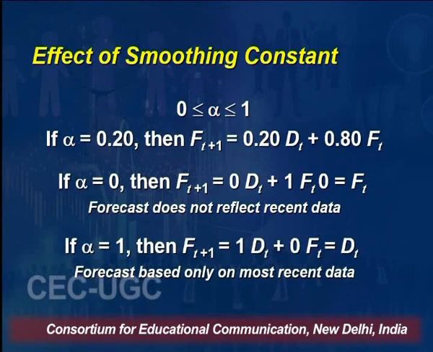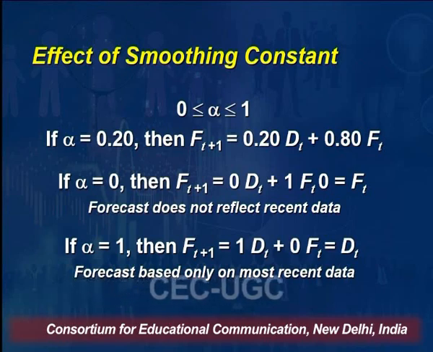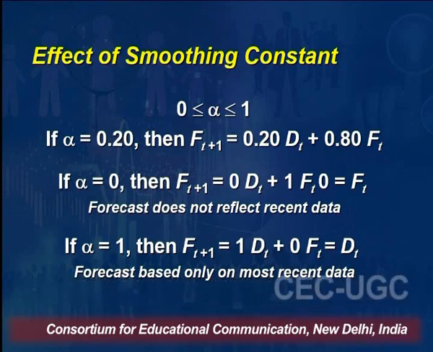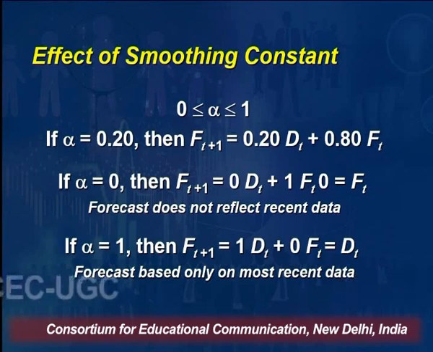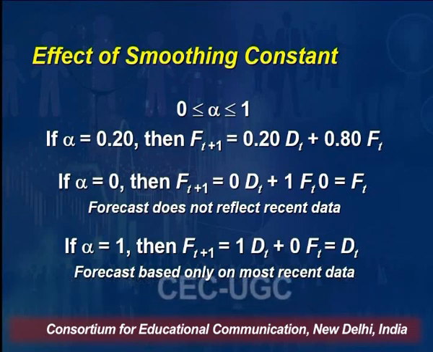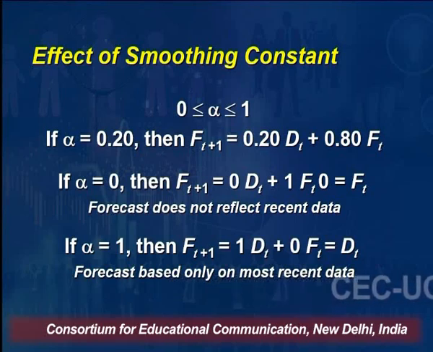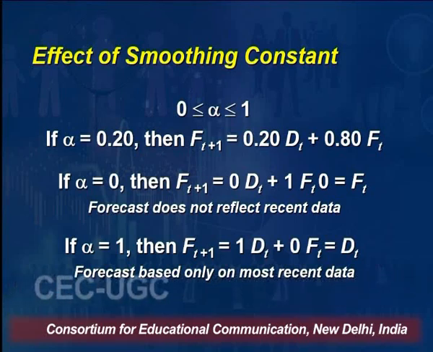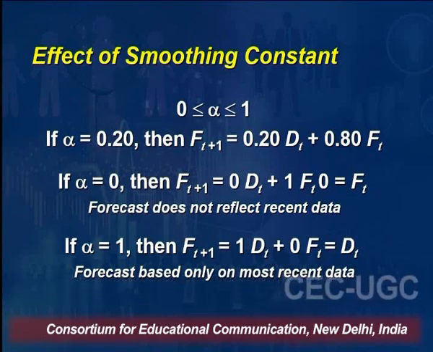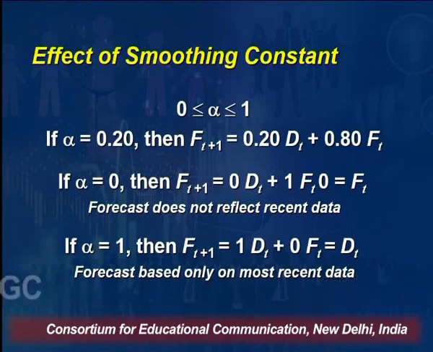Let's say if your smoothing constant alpha is equal to 1, then the forecast for the next period F(t+1) is equal to alpha into D(t), that is 1 into D(t), plus (1 minus alpha), so 1 minus 1 is 0, so 0 into F(t). So 0 into F(t) becomes 0, and 1 into D(t) becomes D(t). So your forecast for the next period is the same as the demand for the present period. So here we can say that the forecast is based only on the most recent data.